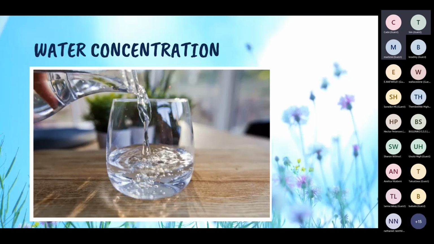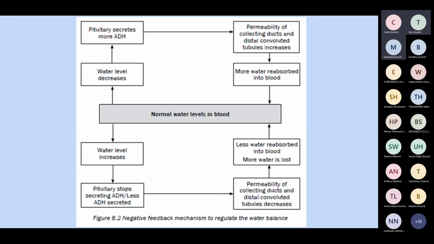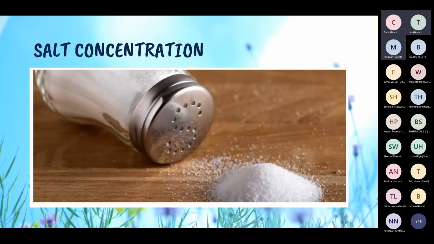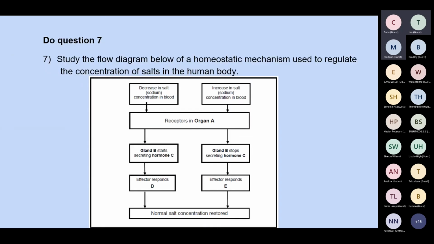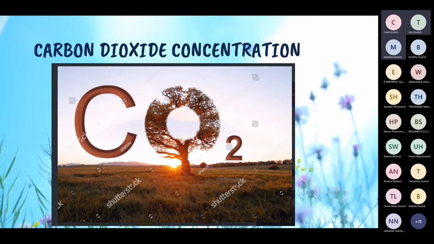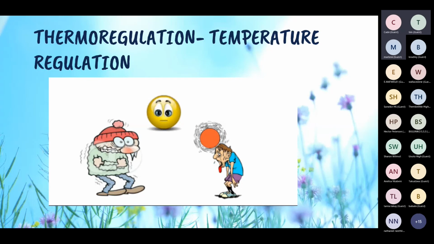We've discussed water concentration, how our body controls the water concentration. We looked at diagrams, salt concentration. Take note of the table in your booklet. Step by step, we looked at a question and a diagram. Carbon dioxide, and this is your homework, grade 12s. We've looked at carbon dioxide and some diagrams, and remember you must do a question in your booklet.